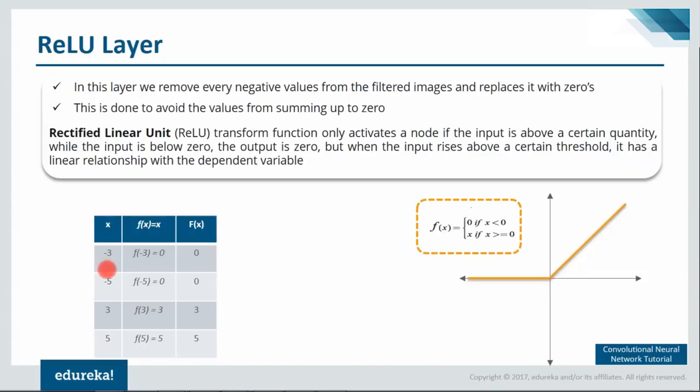So if I have x value as -3, definitely it is less than 0, so f(x) becomes 0. Similarly, if I have x as -5, then again it is less than 0, so my f(x) value becomes 0. But when I consider 3 as my x value, then my f(x) becomes equal to x, which is nothing but 3. Again, if I take my x value as 5, then obviously it is greater than or equal to 0, so my f(x) becomes 5. So this is how a ReLU function works.